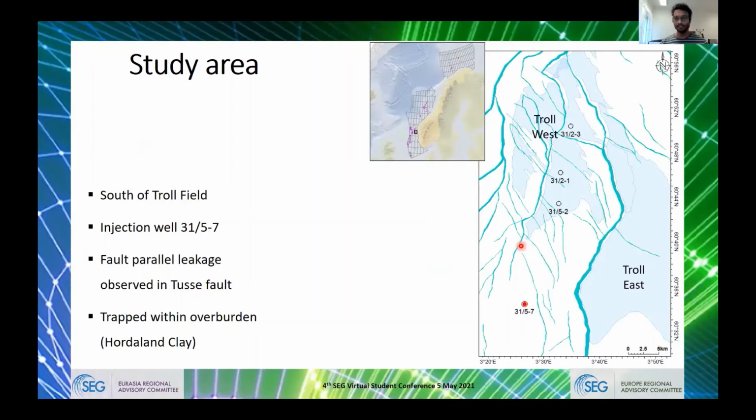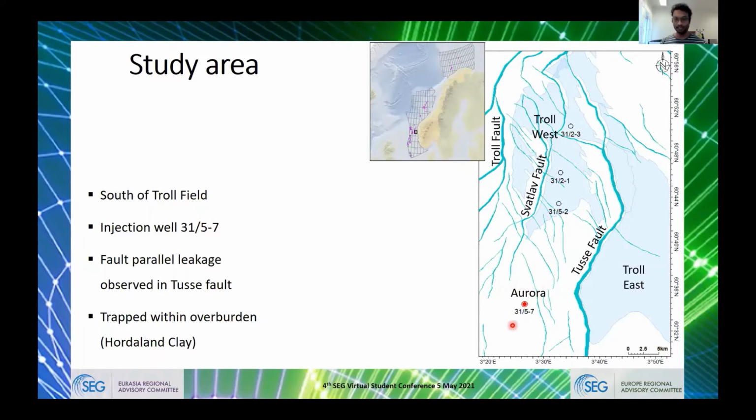Troll East and Troll West are located there, and a few major faults such as the Tusse fault, Øsvarta fault, and Troll fault. These other lines are also faults, but minor faults. Our study area Aurora is located just south of the Troll West field.